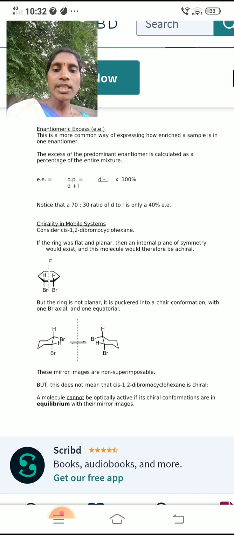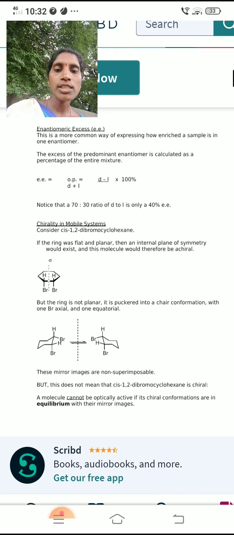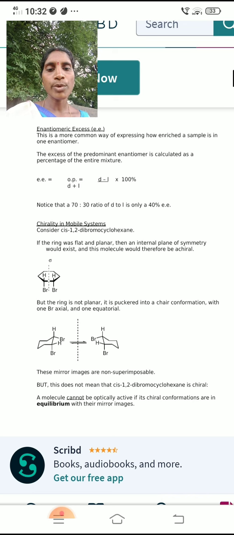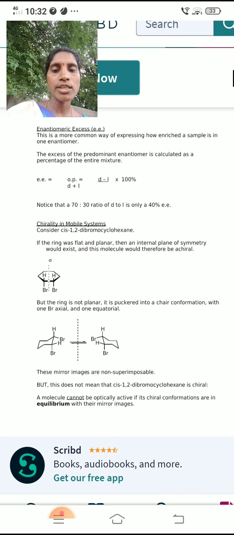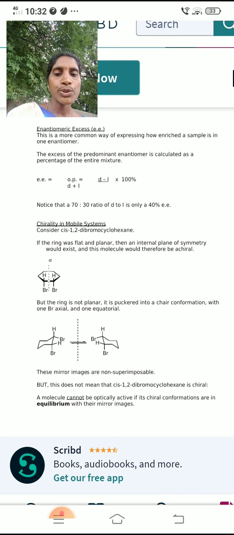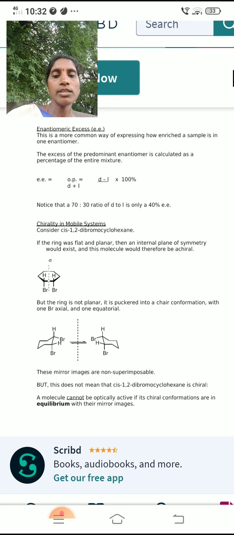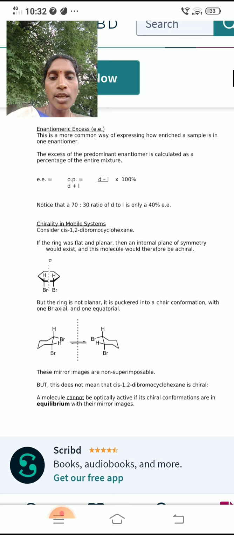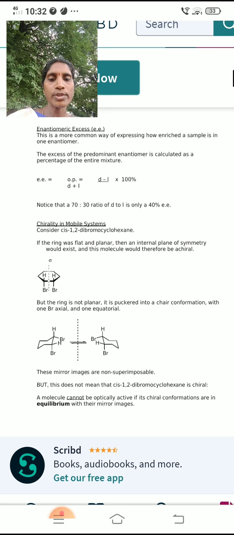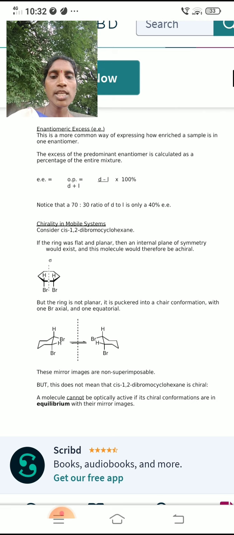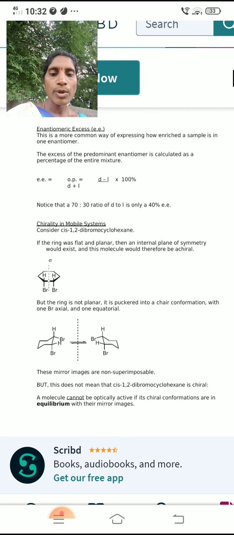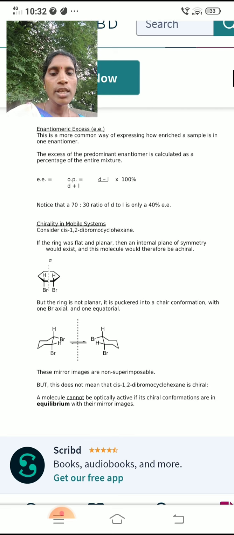But the ring is not planar. It is puckered into a chair conformation with one bromine in an axial position and the other bromine in an equatorial position. These mirror images are non-superimposable, but this does not mean that cis-1,2-dibromocyclohexane is chiral. The necessary condition for chirality is the existence of an asymmetric center and a non-superimposable relationship.